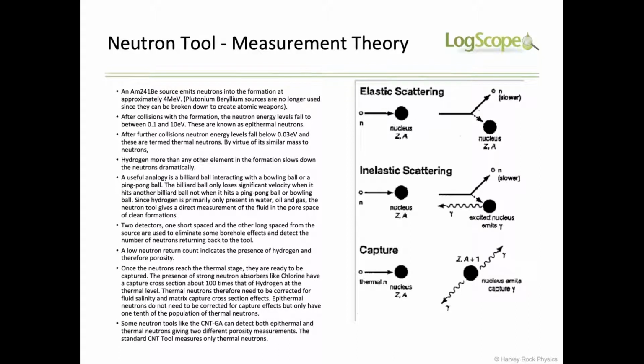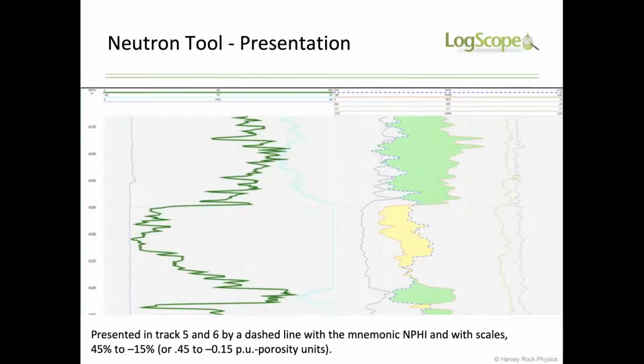So basically it uses scattering, and the neutrons essentially return to the tool, or the gammas from the neutrons are measured.